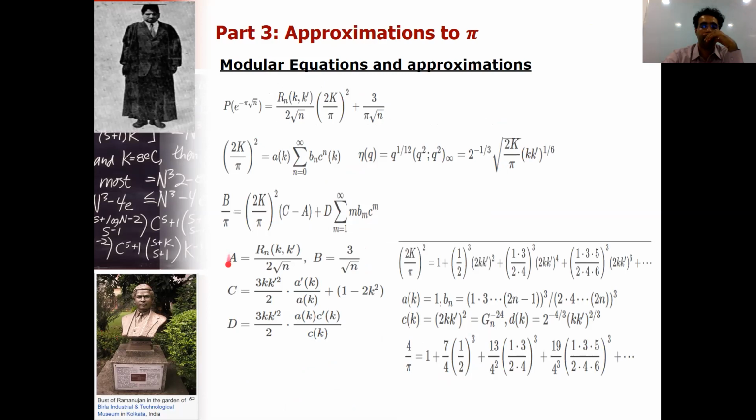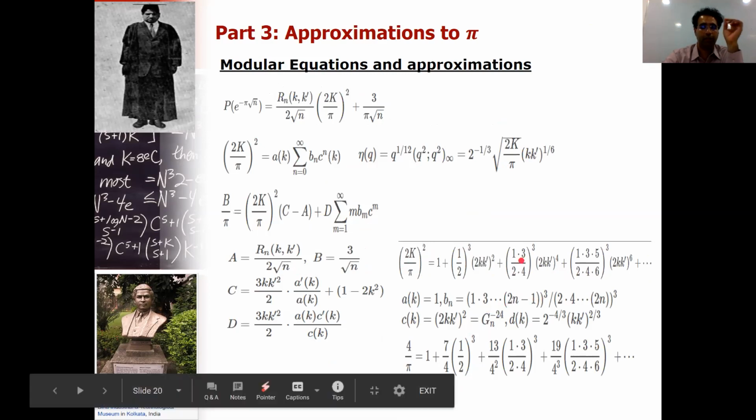And then you solve for a, b, c, and d based on the original parameters a, b, c, and d that you took. You find that there is a relation involving the elliptic integral capital K, modulus k dash, and so on.